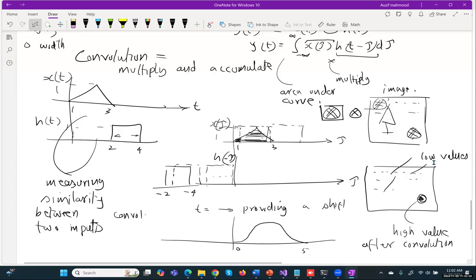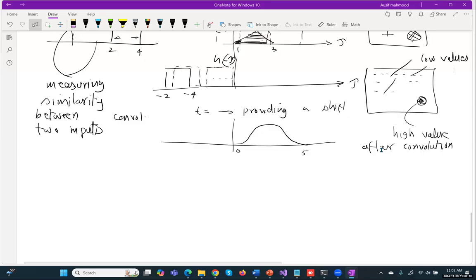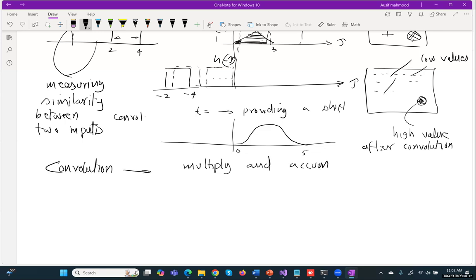Okay, let me give you a few other intuitive examples first before we go into the details of it. So when we do a convolution, like I said, it is simply a multiply and accumulate operation.